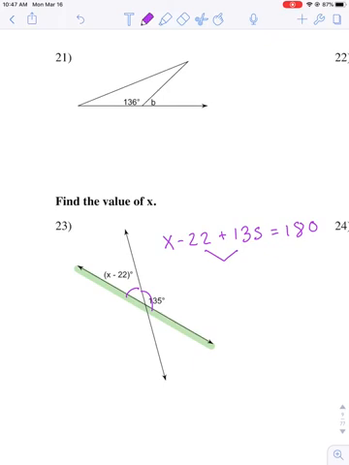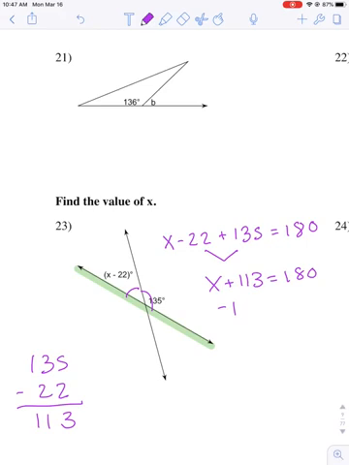I have a negative 22 and a positive 135. So I'm going to subtract those real quick. It's hard to do mental math while I'm talking. 113. x plus 113 equals 180. Subtract 113 from both sides, and you get x equals 67. Oh, not degrees, just regular old 67. Just the value of x. It's not an angle.